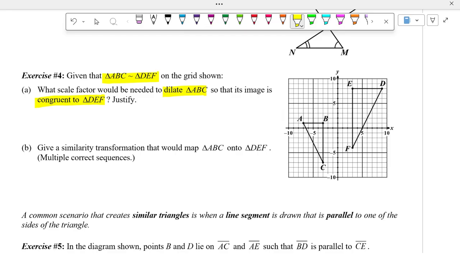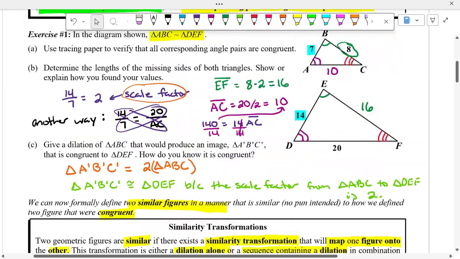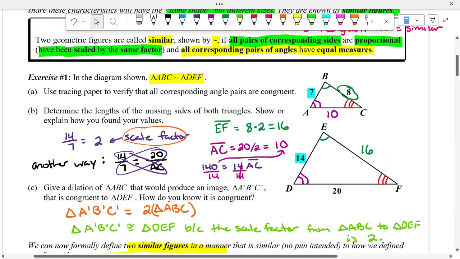So, example 1, how did we find the scale factor from example 1? So you found corresponding sides and then you divided them. So the new by the old.